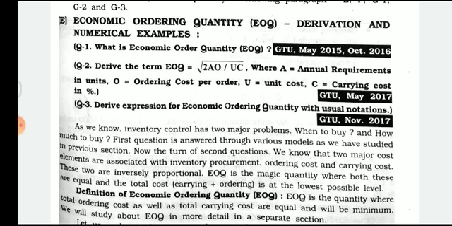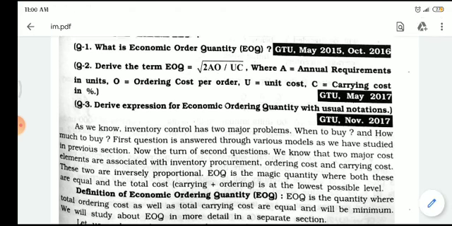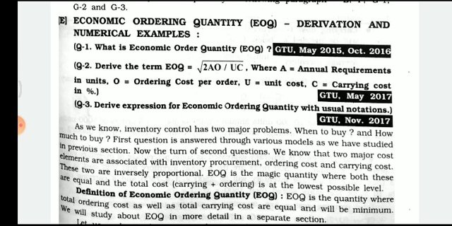As we know, inventory control has two major problems: when to buy and how much to buy. The first question is answered through various models as we have studied in previous sections. Now it is the turn of the second question. We know that two major cost elements are associated with inventory procurement: ordering cost and carrying cost.